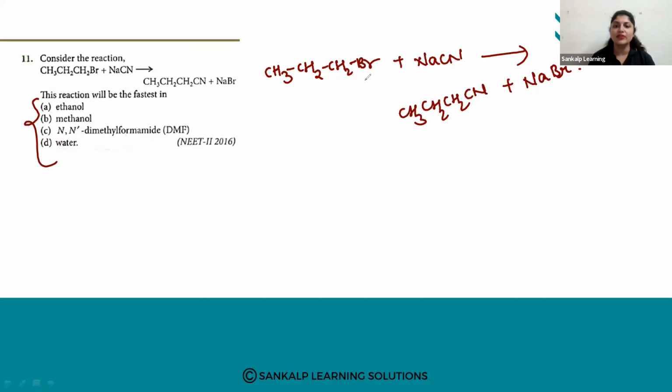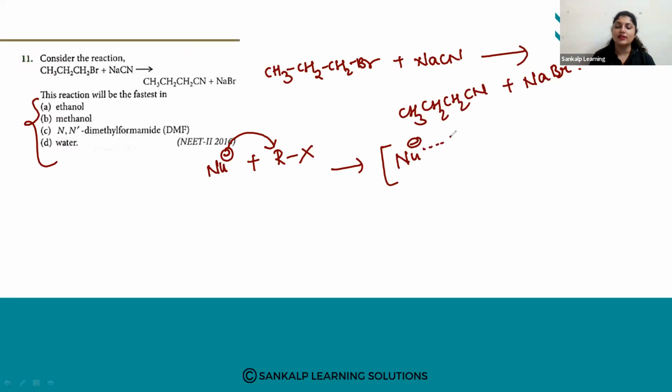So what type of reaction is this? Just look at the reaction and you can say it is an SN2, a nucleophilic substitution bimolecular reaction. So what is an SN2 reaction? The attack of the nucleophile at the substrate, that is the alkyl halide, takes place from behind and proceeds via a transition state.